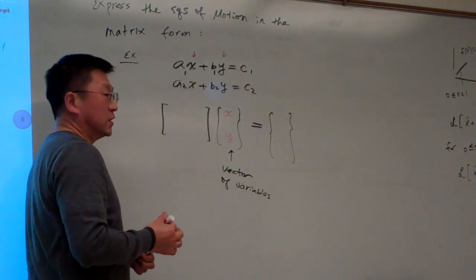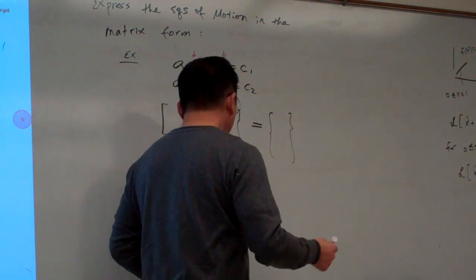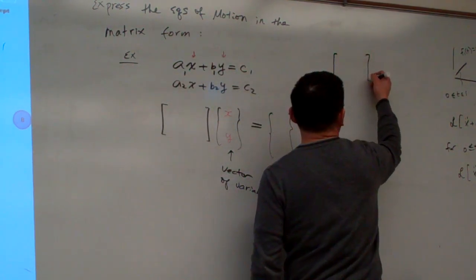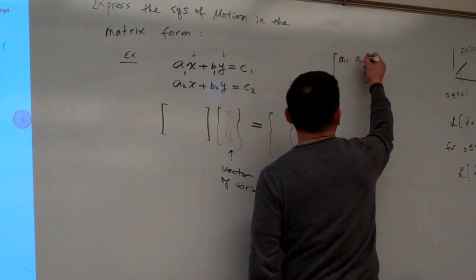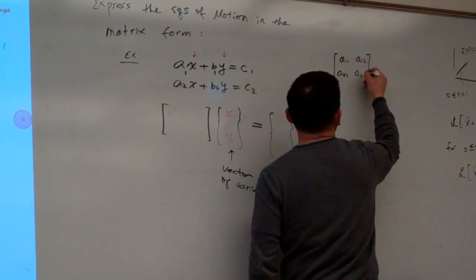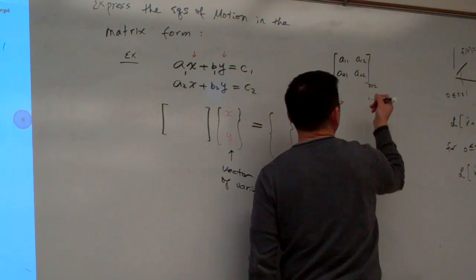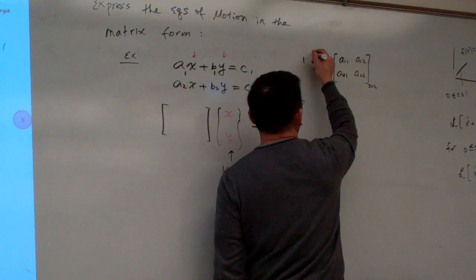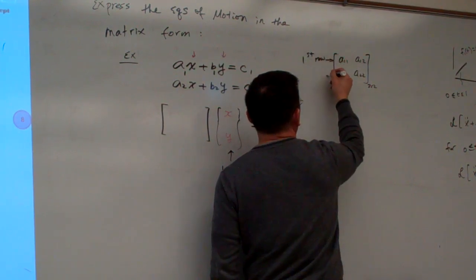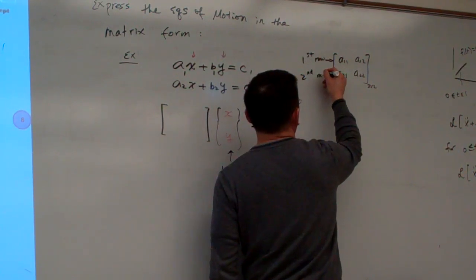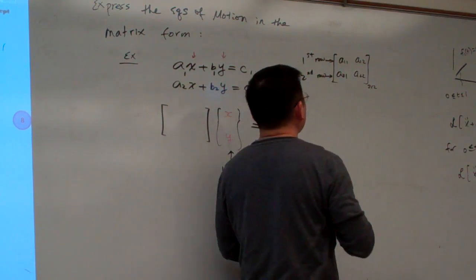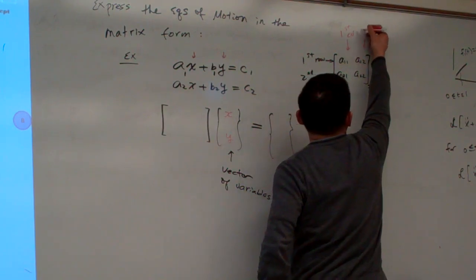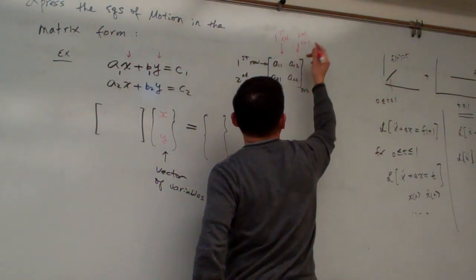So from here, you can see the matrix is A11, A12, A21, A22. For example, this is a 2 by 2 matrix, right? Very easy. This is called the first row, and this is the second row. Okay, and this is the first column, and this is the second column.